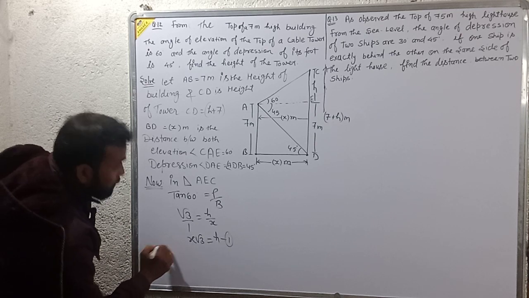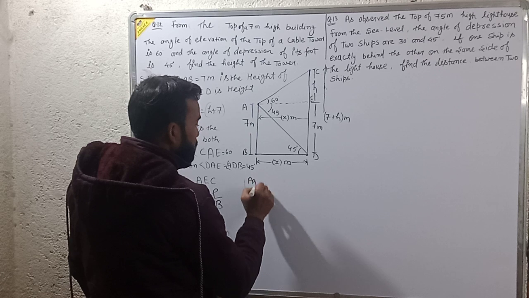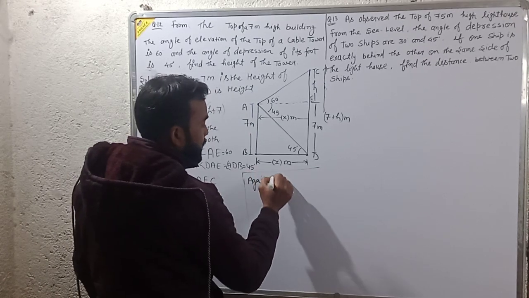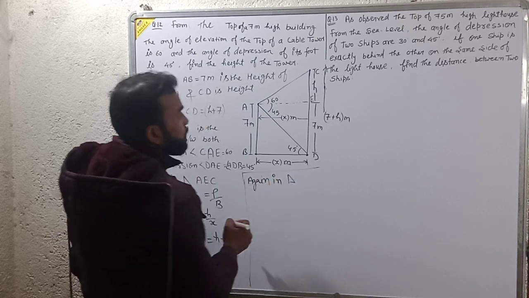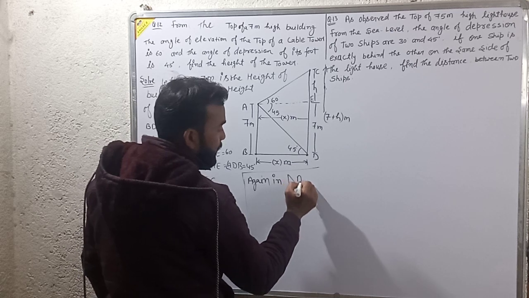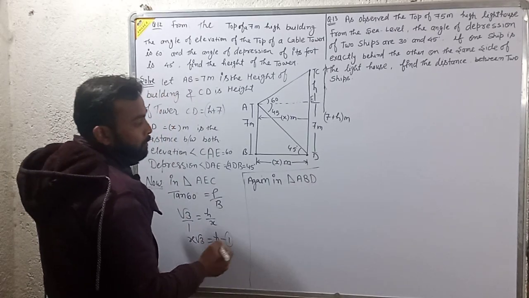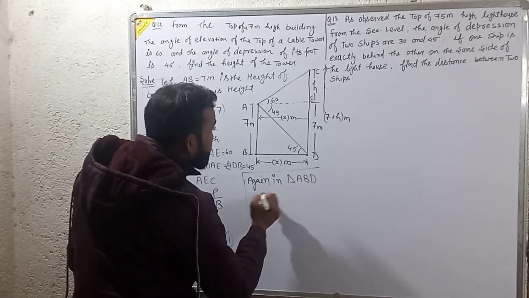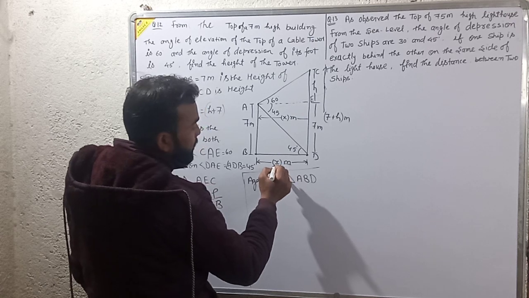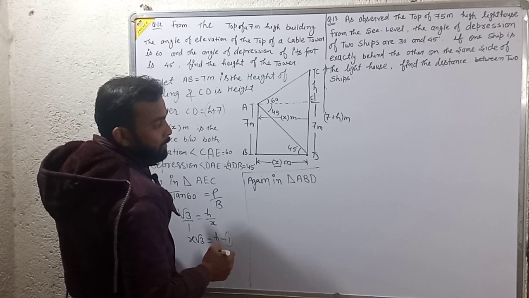Again, in right angle triangle ABD, we have to find the relationship between base x and 7.